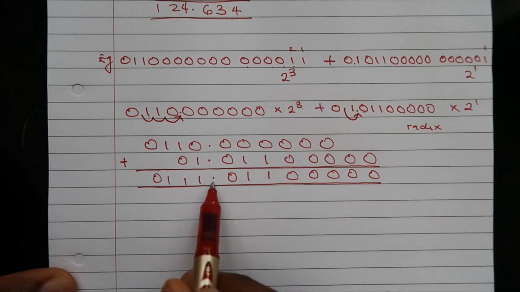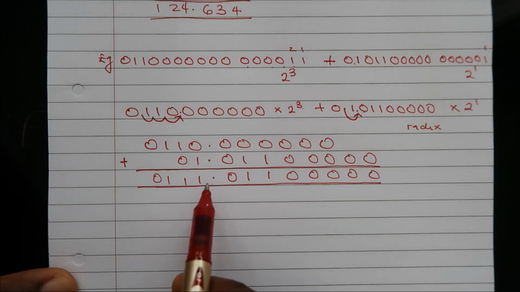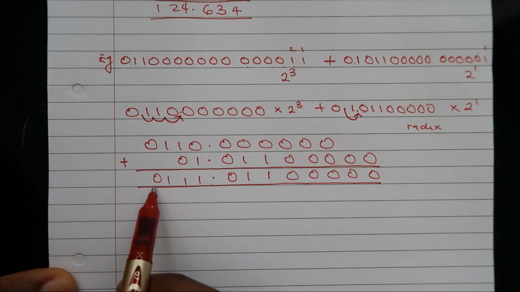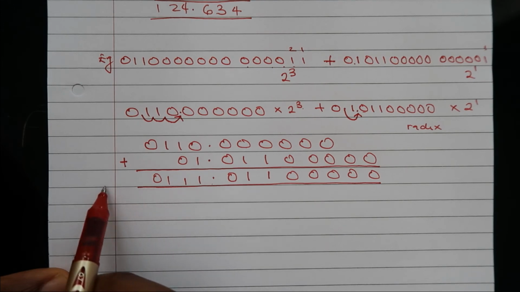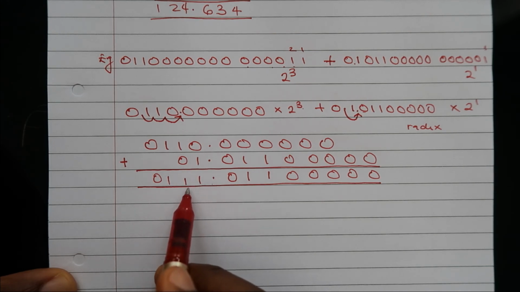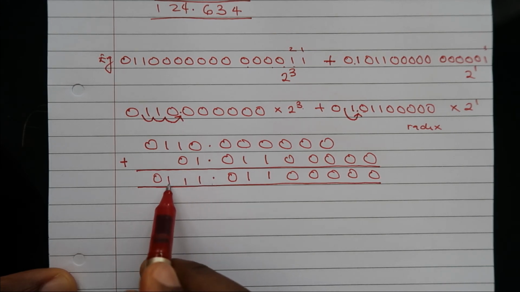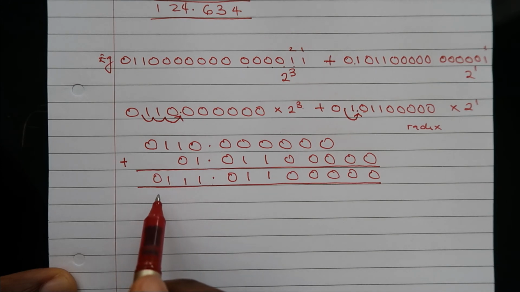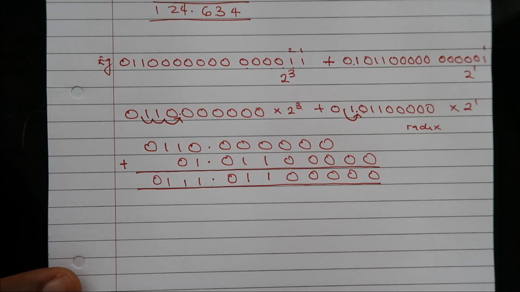If you're asked to normalize this answer, because our answer has recurring zeros in front, I would have to move my decimal point 3 places to the left, and then you normalize in that way.